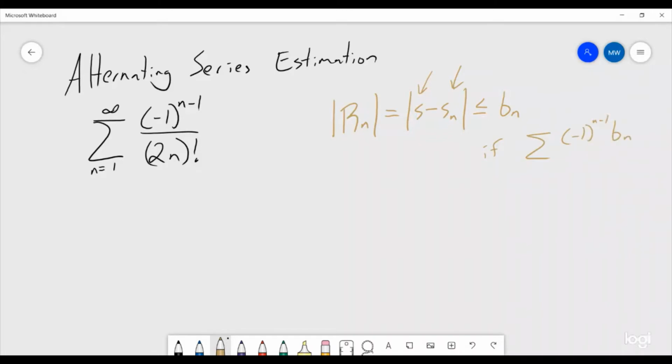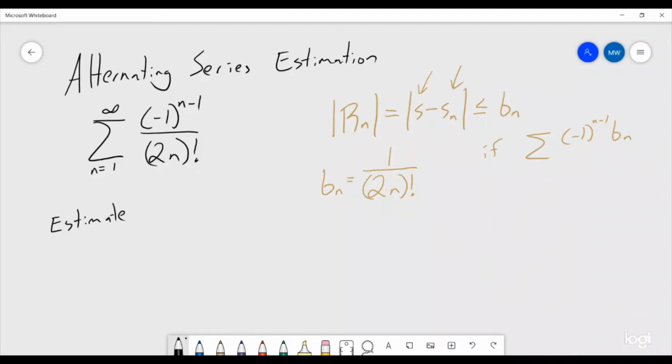So this tells us that our b sub n is just 1 over 2n factorial.